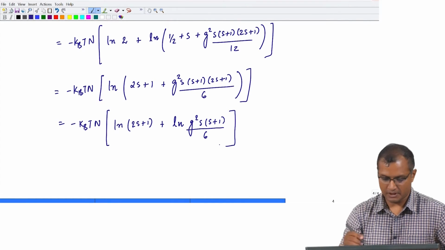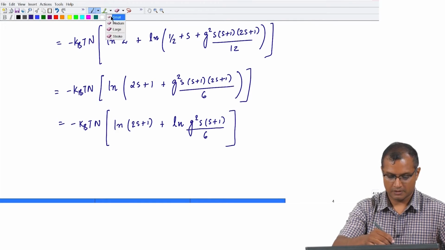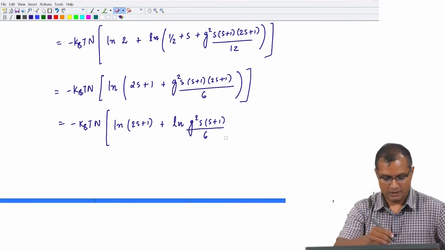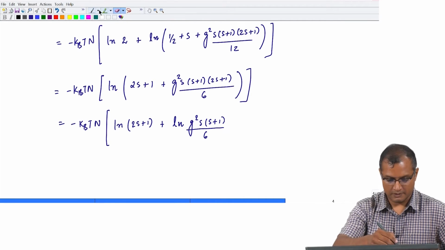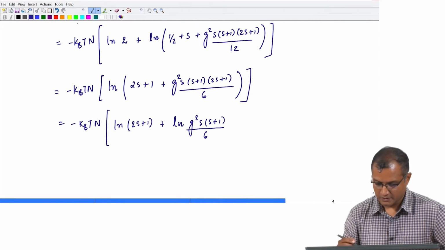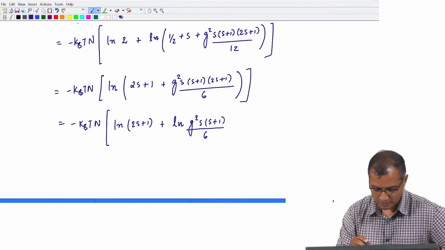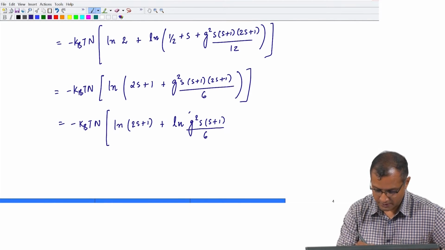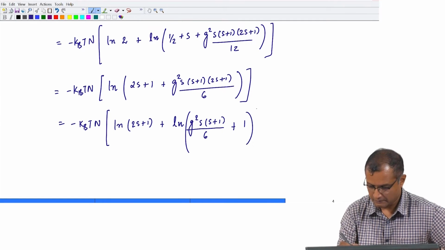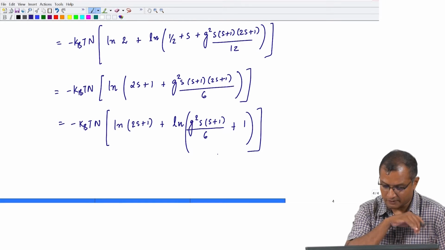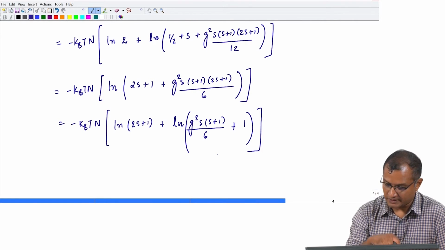And there will be a factor of 1 that I have missed. Okay, so let us see if I multiply this. I am getting that second term first and then I am getting the first term also.